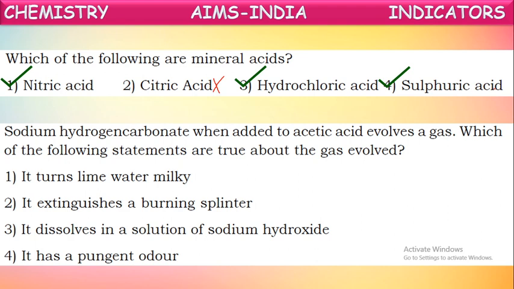Here sodium hydrogen carbonate or sodium bicarbonate is one of the basic substances. This on reaction with acid forms salt and water. Along with these two, a gas is evolved. That gas is carbon dioxide. When metal carbonates and bicarbonates react with acids, they produce carbon dioxide gas.